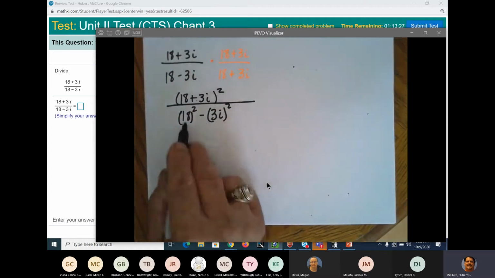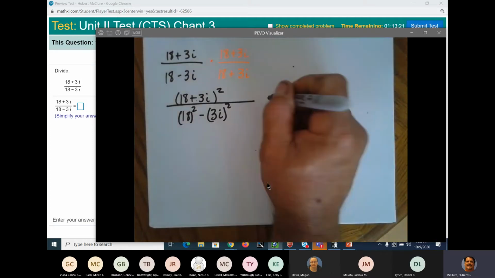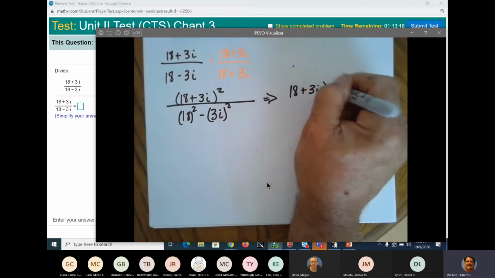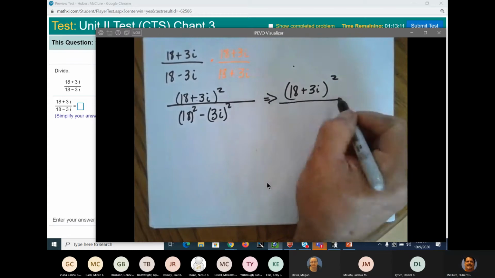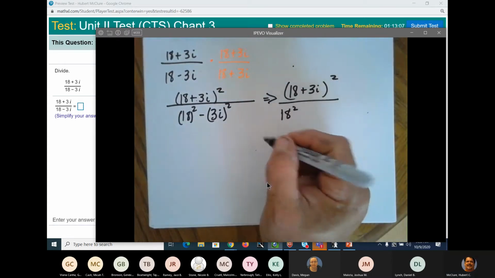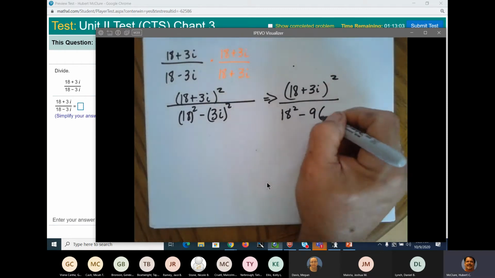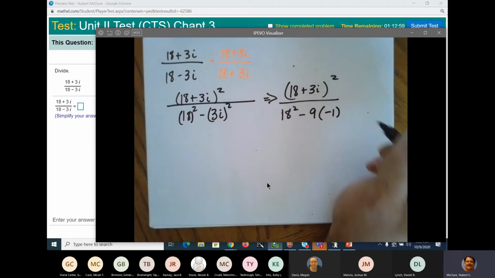But down here is what we're going to focus on, because I really don't care about the top. I care about the bottom. And that's going to be 18 squared, which is a number, and 3 squared is 9, and i squared is what? -1.